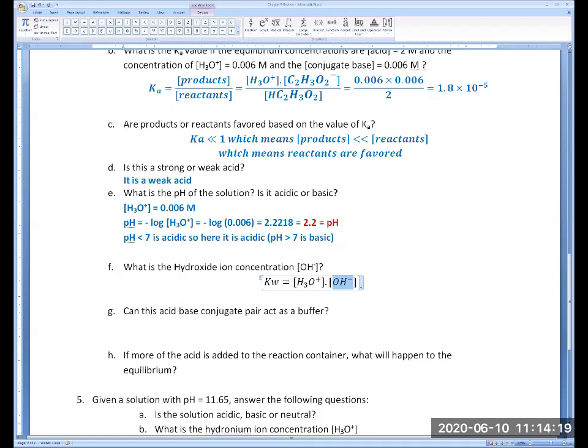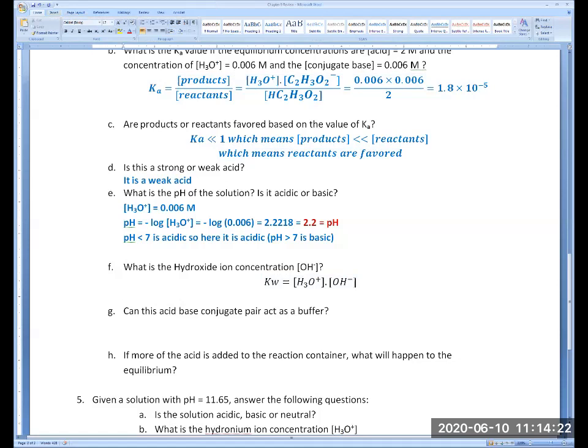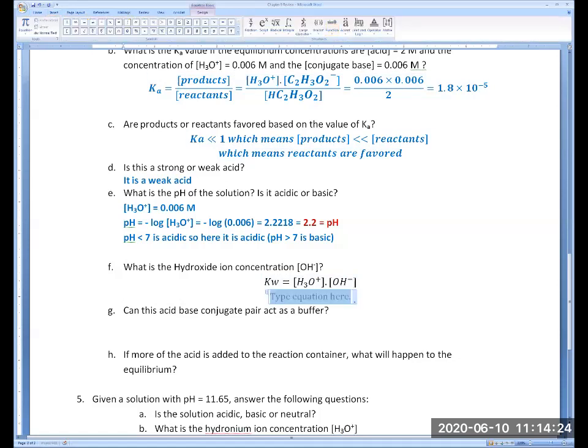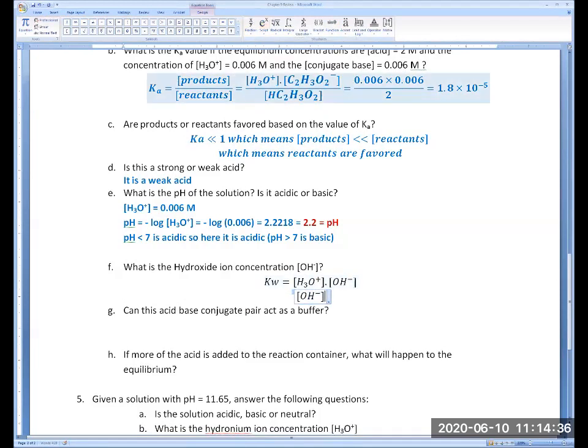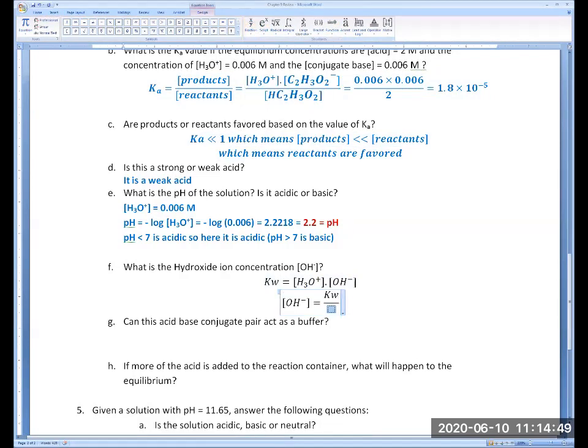Hopefully you can do this manipulation and find that OH minus is equal to Kw over H3O plus, because when you divide both sides by H3O plus, you have Kw over H3O plus.